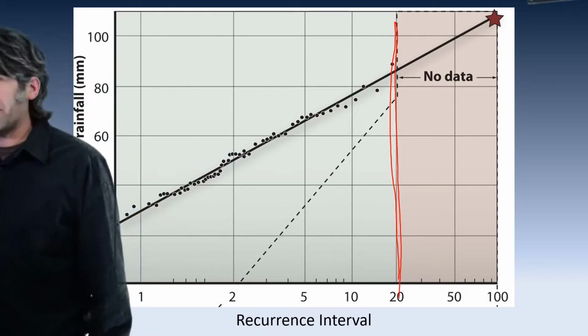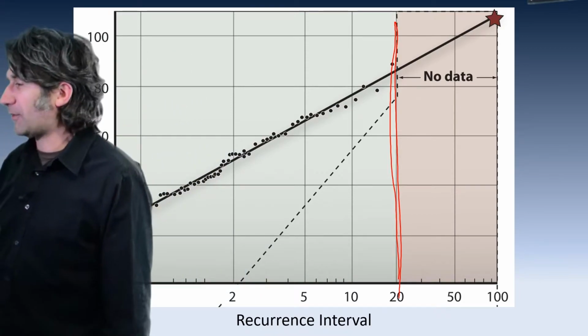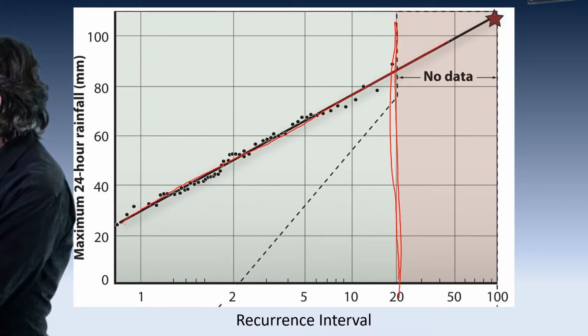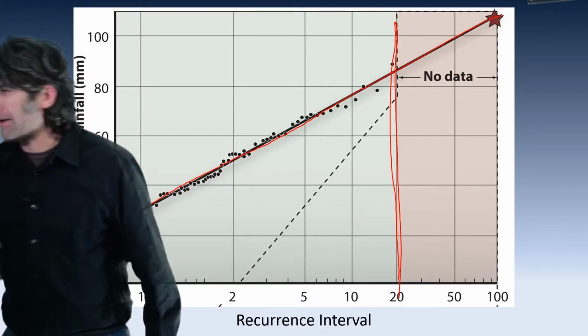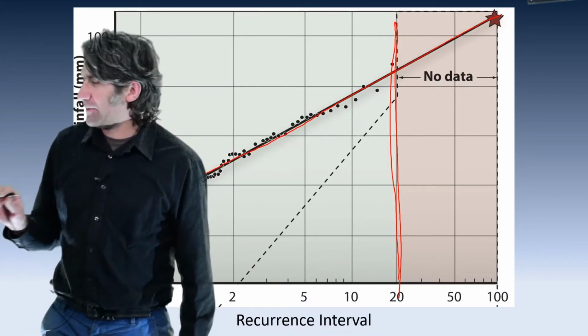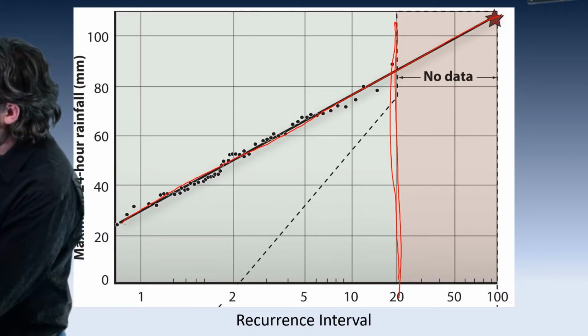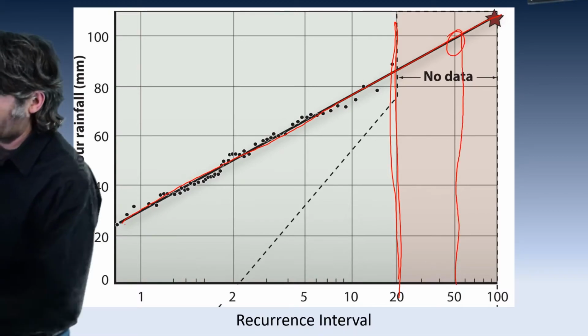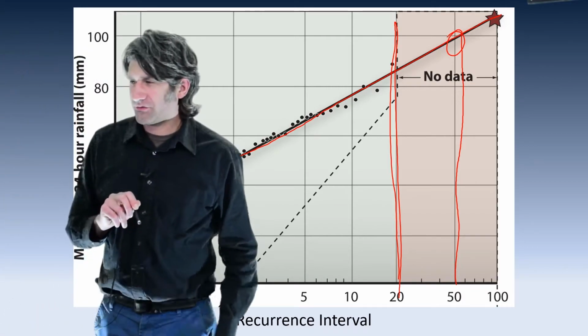Now the cool thing is we can do what's called an extrapolation, and we can fit a line through our observations so that we can extrapolate and estimate maybe what the recurrence interval is of a larger maximum 24-hour event, maybe one that happens every 50 years.